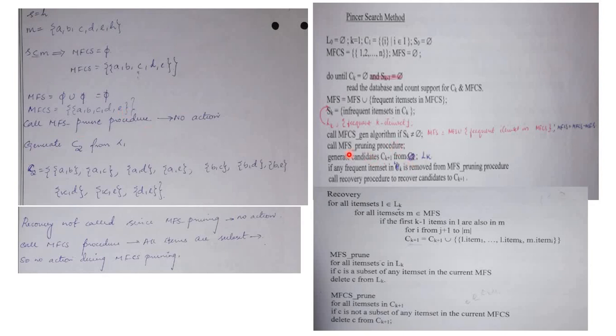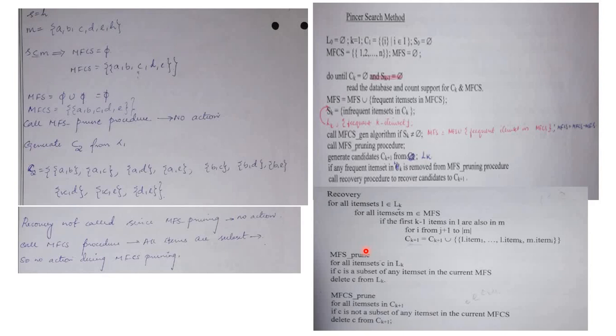So what is the next step? I have to call the MFS pruning procedure. Now, what is this MFS pruning procedure? Since this is a bottom up as well as top down approach, the frequent item sets are maintained in MFS, and frequent item sets are maintained in L also.